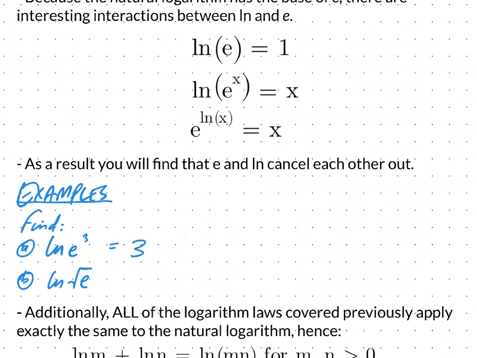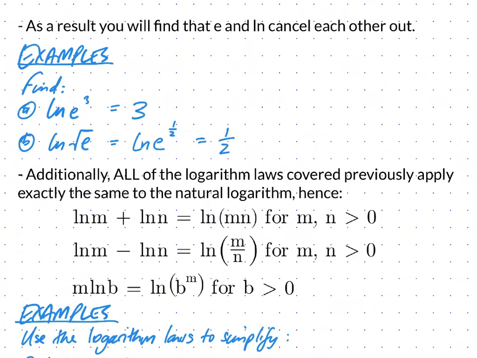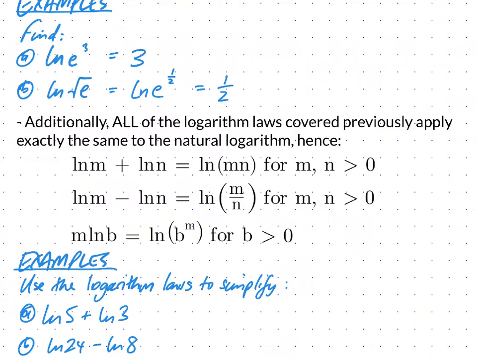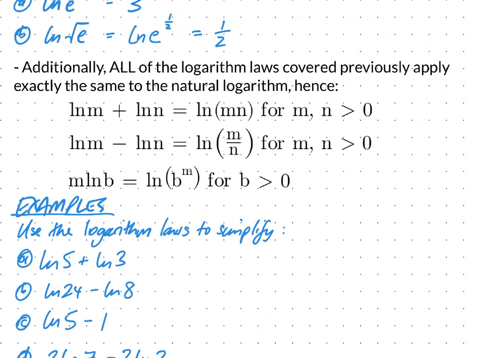Now ln of root e, we don't have a power here, but we can write it as a power because of the indices stuff that we've done before. Square root is the same as the power of a half. Now we have ln of e to the power of a half, which is going to be 1/2. And that's a result of those laws above showing that ln and e pretty much cancel each other out.